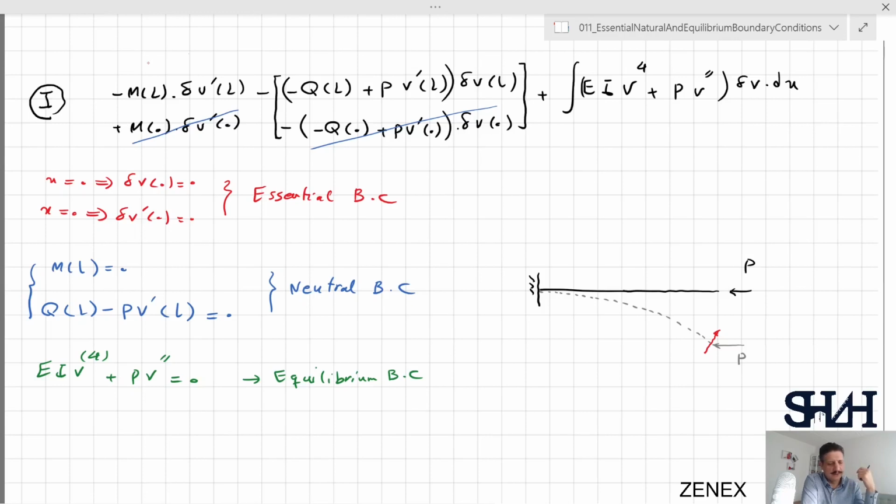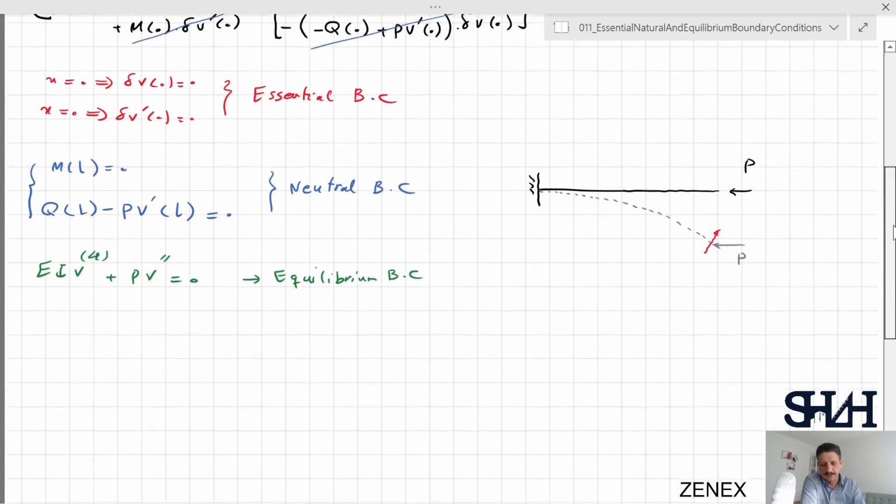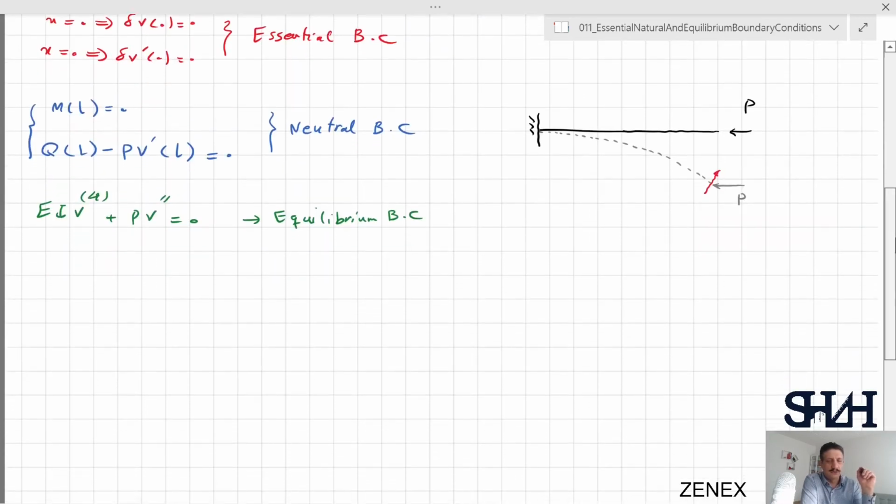So here you can see that we have some shear force. It is not applied in the lateral loading or bending finite element method. This is just for buckling.